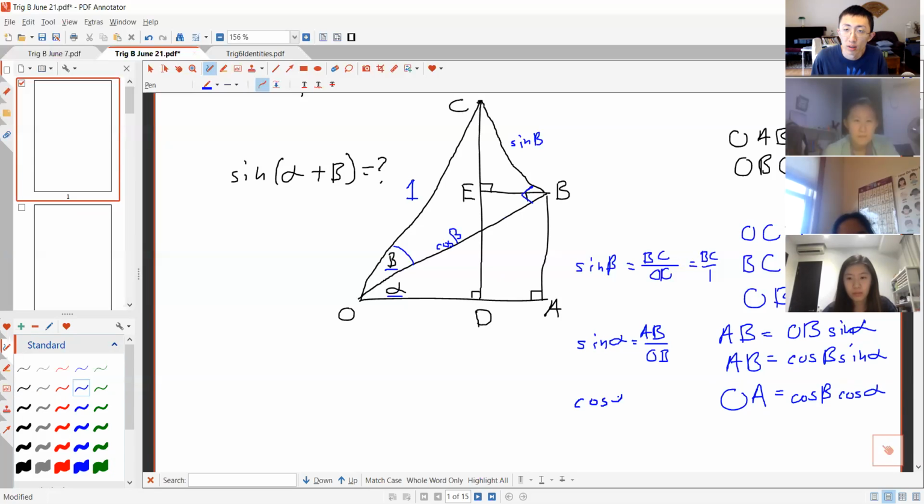So cosine alpha is OA over OB. So therefore, OA is OB times cos alpha. Okay, so we have a lot of lengths. Let's label this as cos beta sine alpha.